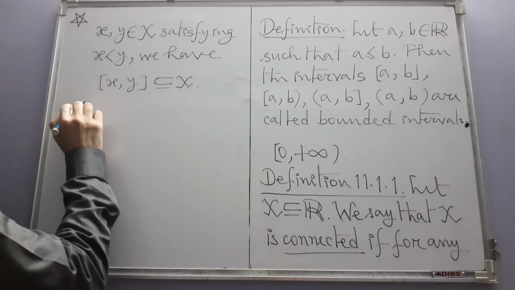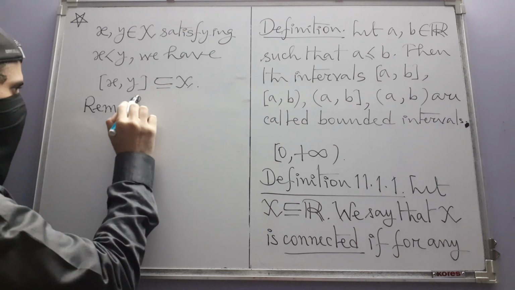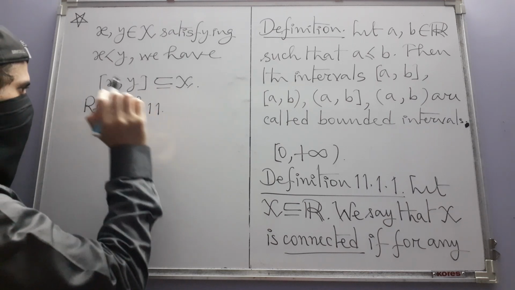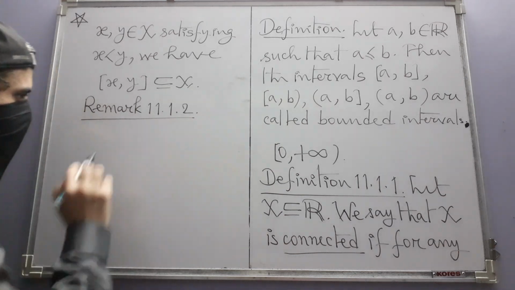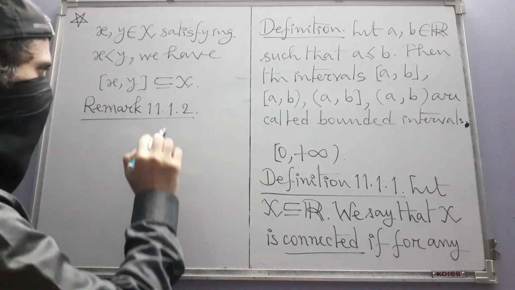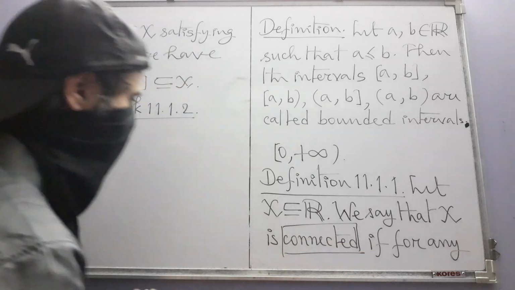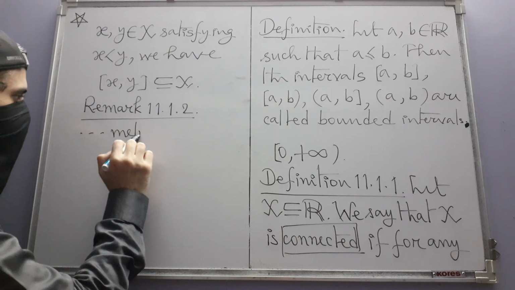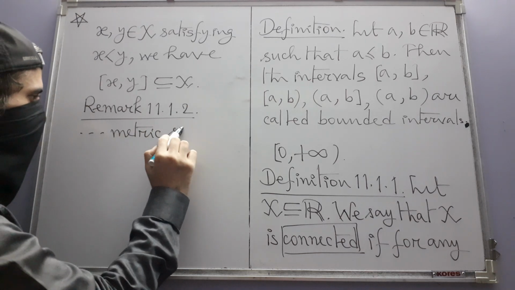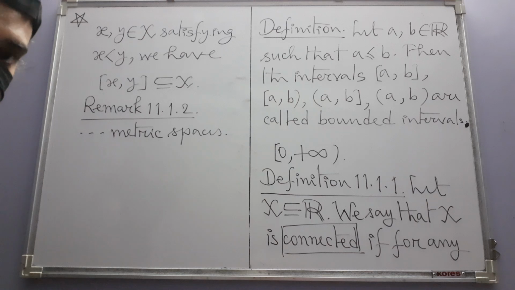And there is a remark right after this definition. The remark is basically this. We are also going to see this notion of connectedness more generally defined for metric spaces in the second volume, in Analysis 2.